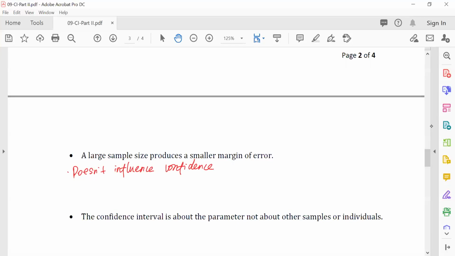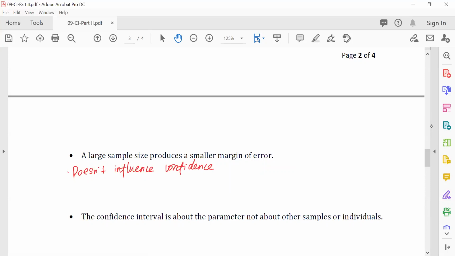If you're creating a 95% confidence interval and the first time you collect a sample of size 25, then based on the formula we talked about, you create a 95% confidence interval.